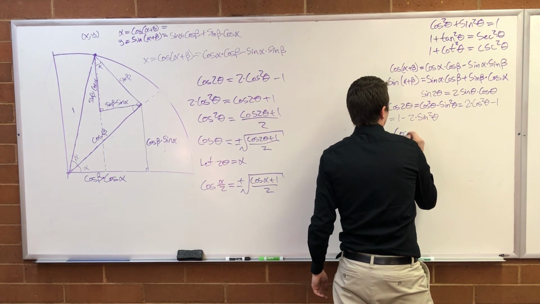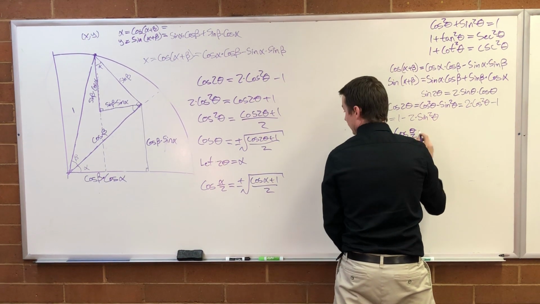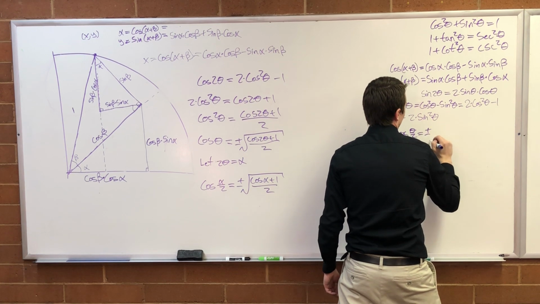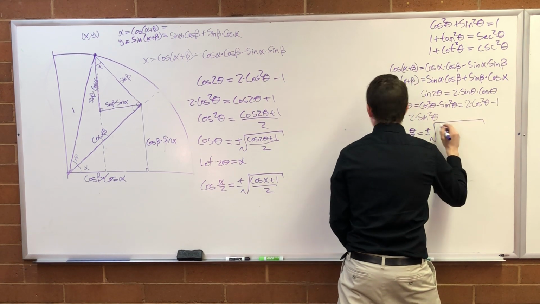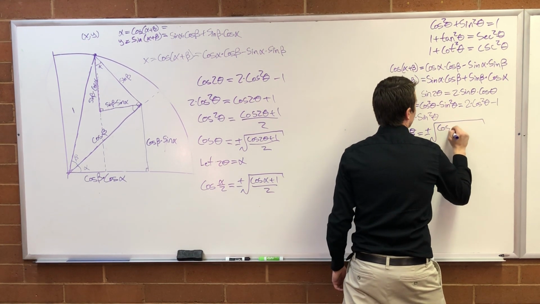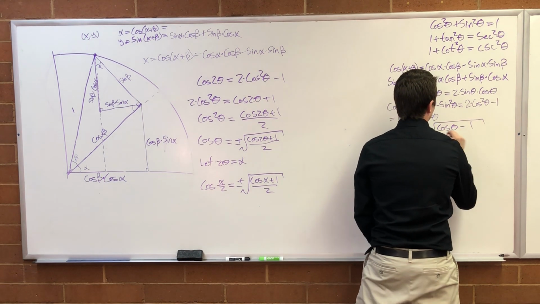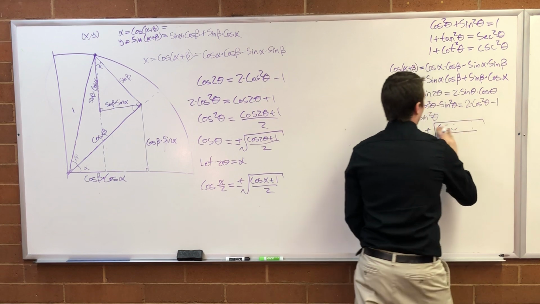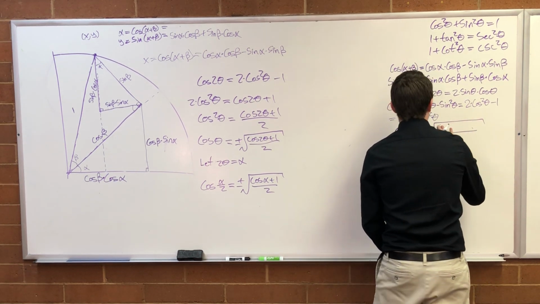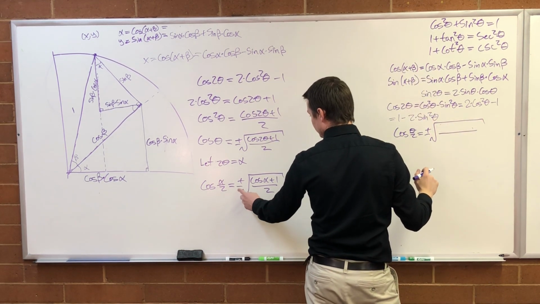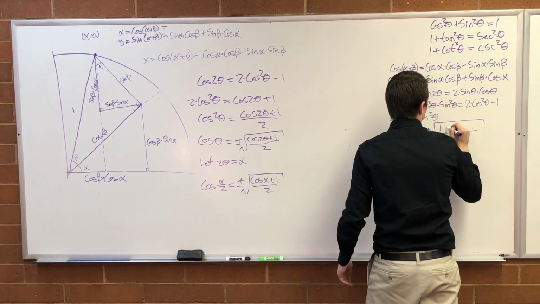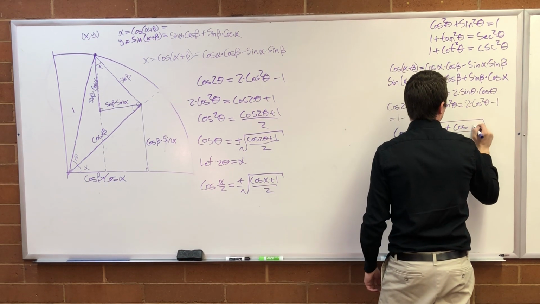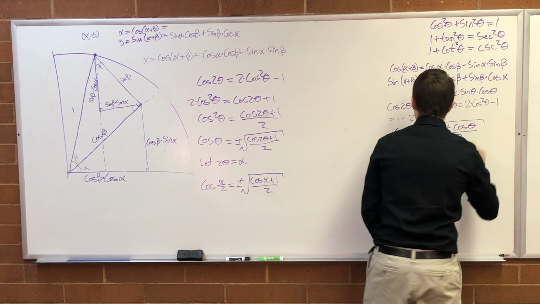The cosine of theta halves is equal to plus or minus the square root of 1 plus cosine of theta all over 2.